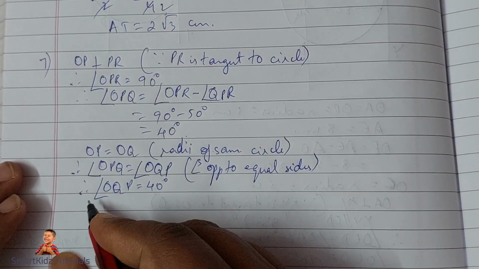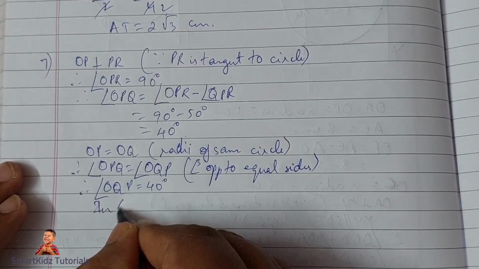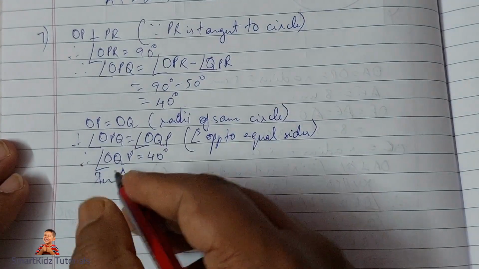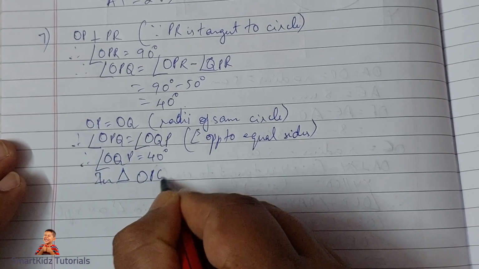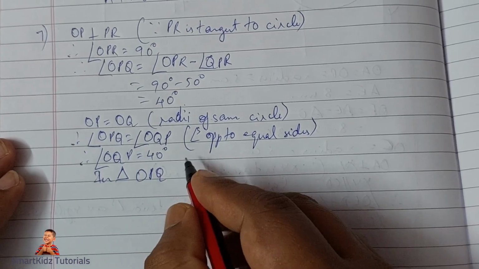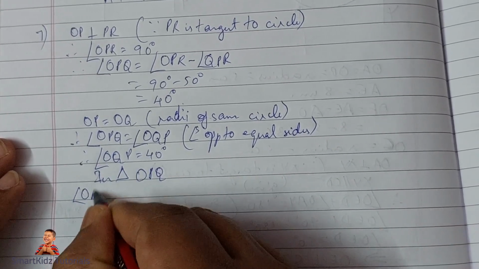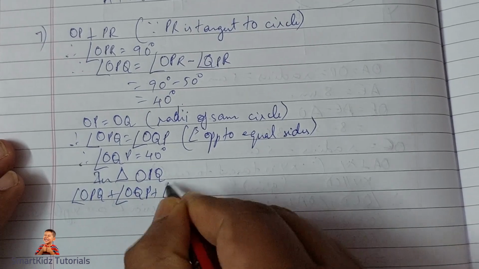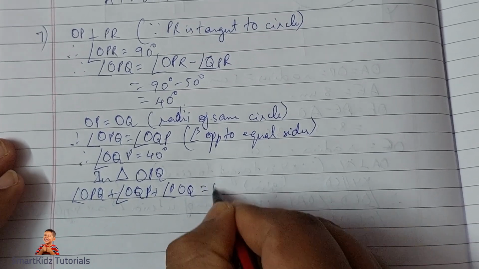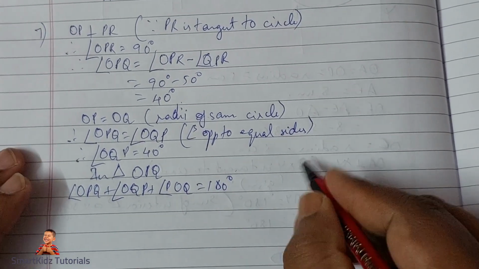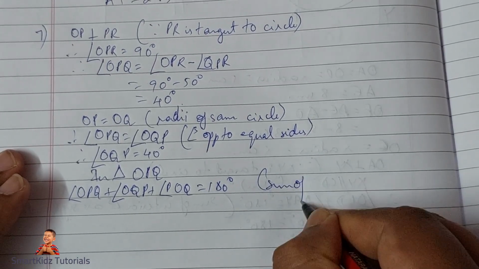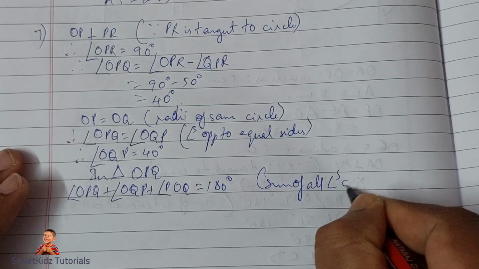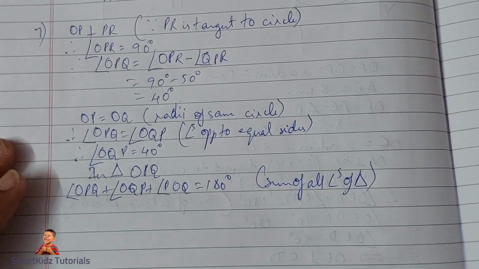Then in triangle OPQ, angle OPQ plus angle OQP plus angle POQ is equal to 180 degrees. Why? Sum of all angles of triangle.